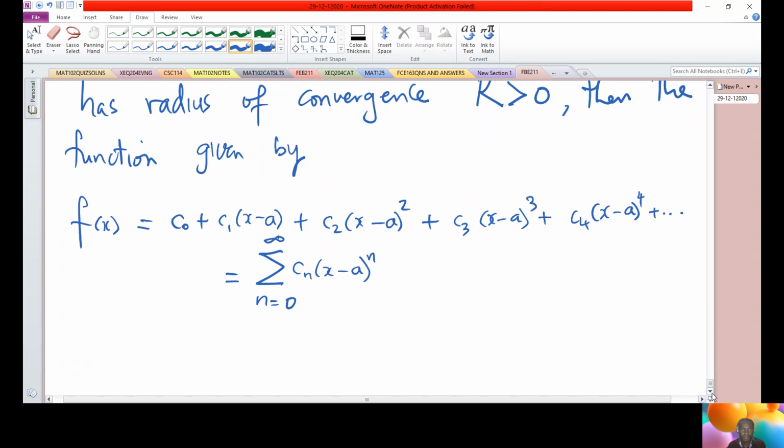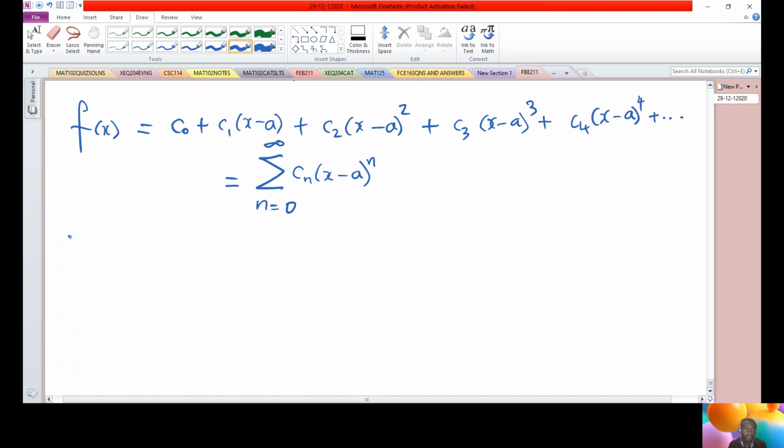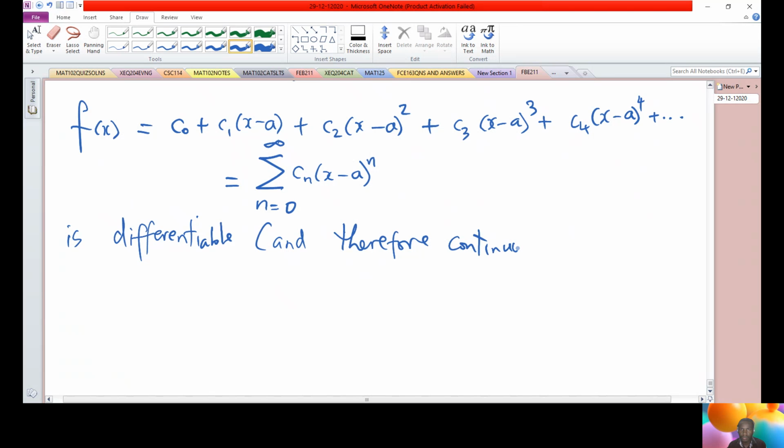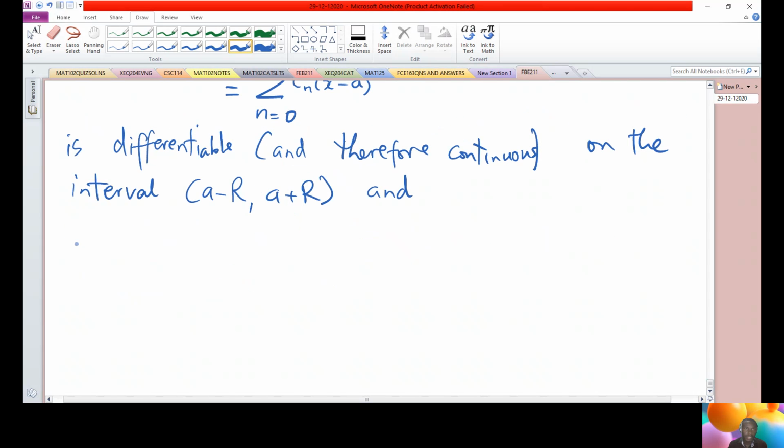is differentiable and therefore continuous on the interval, and satisfies these two conditions.